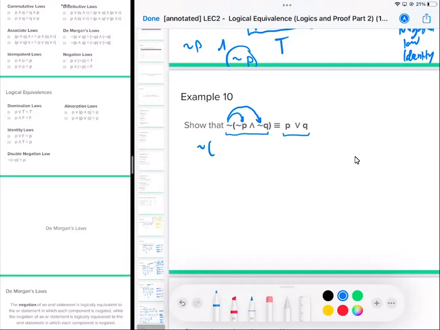So we have the not of not P, and this operator or will become or, the not of not Q. Now we will simplify. The not of not P is equivalent to P, or the not of not Q is equivalent to Q. We basically used De Morgan's for this, and then for this simplifying, we use the double negation.